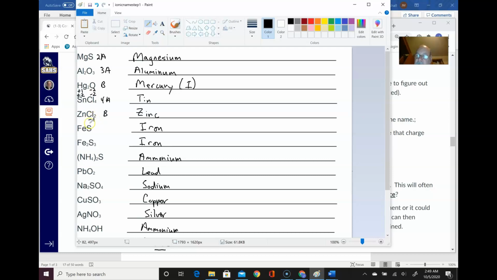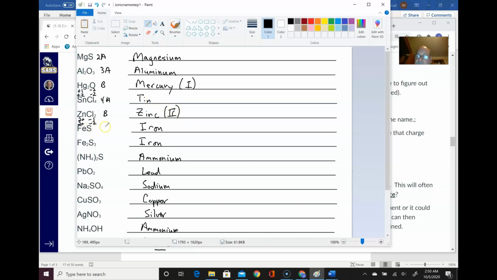But I have 2 of these, so I have a total of 2 negative charges, which means to balance that I have to have a total of 2 positive charges. And I only have 1 zinc that's going to be creating these 2 positive charges, so that 1 zinc has to have a 2+ charge. Therefore, I'm going to put a Roman numeral 2 there.